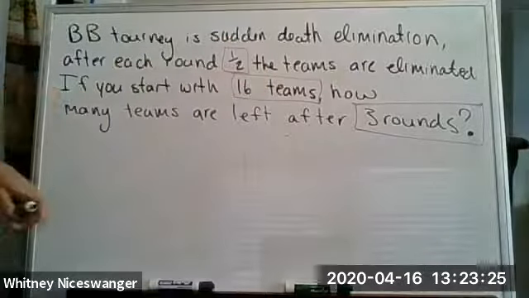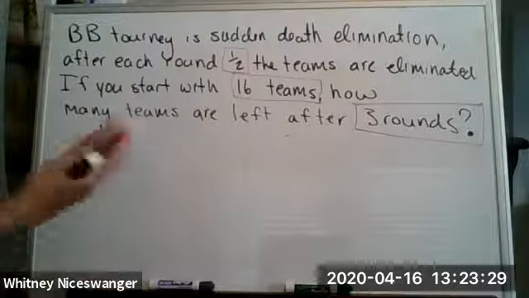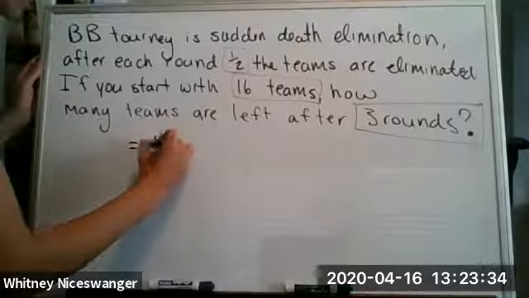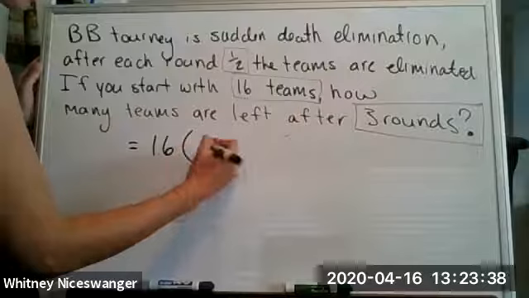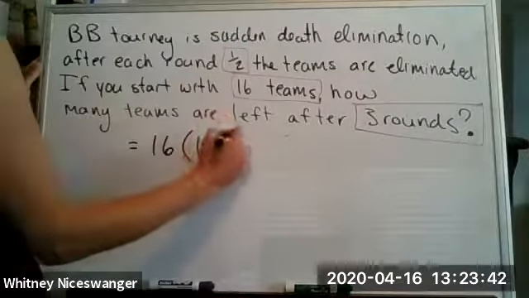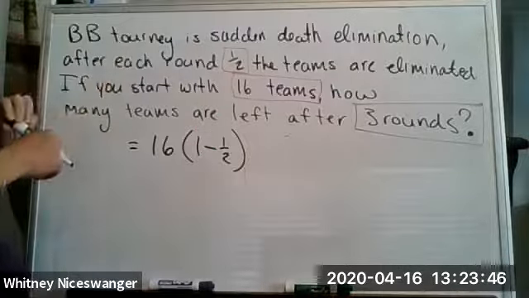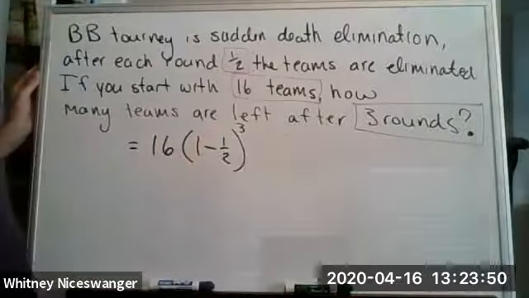Okay. So you can probably do this one in a different way, but let's use the formula to calculate this. We start with 16 teams, our initial amount. That's going to get multiplied by 1 minus the decay rate. The decay rate is 1/2, raised to the power of the time. And we've got 3 rounds as our time. Okay.